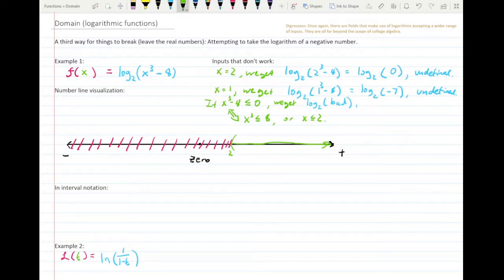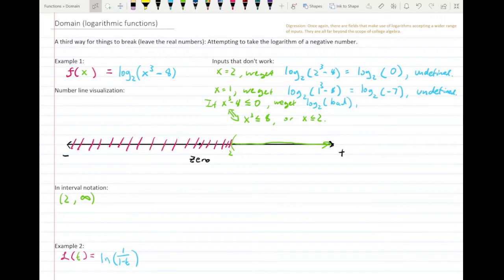In interval notation, this equals 2 on the left endpoint with a parenthesis because we're excluding it, and the interval will go all the way off unboundedly. We'll end it with a parenthesis as is convention. And that is our domain written in interval notation.